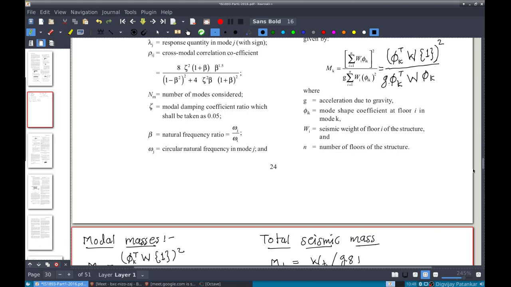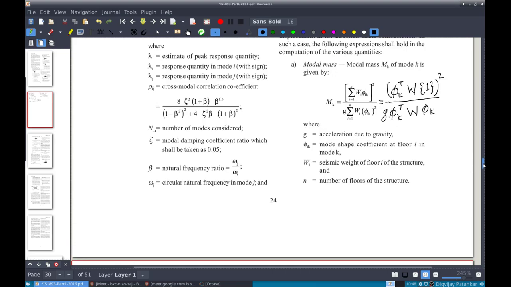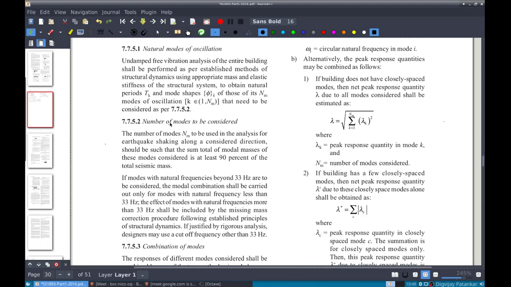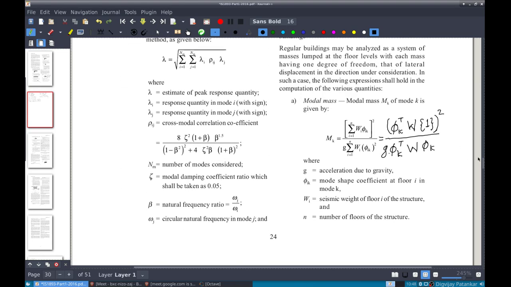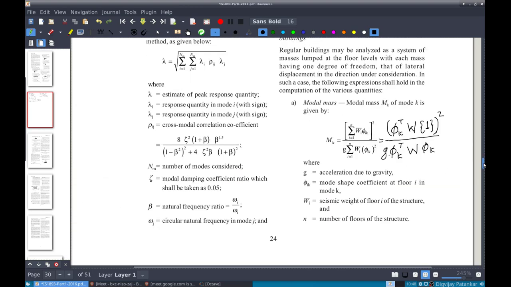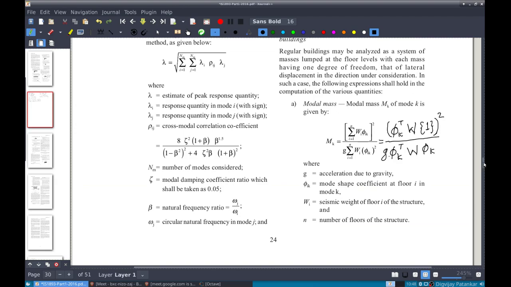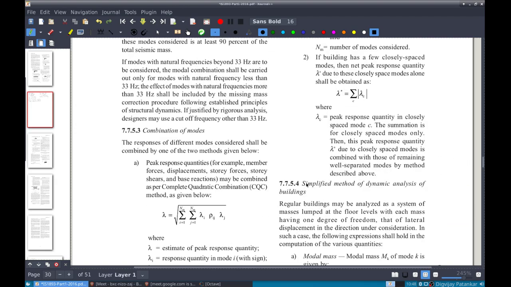Now we decided how many modes to be considered using modal masses, and modal masses are given here. Now what we have to do is just follow the same thing, this entire section. As I mentioned, I forgot the simplified method of dynamic analysis.